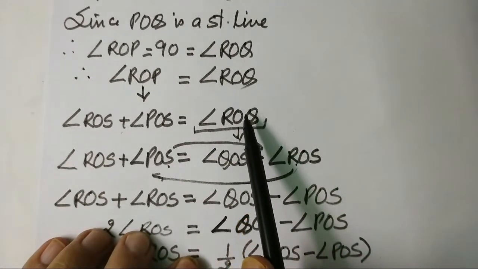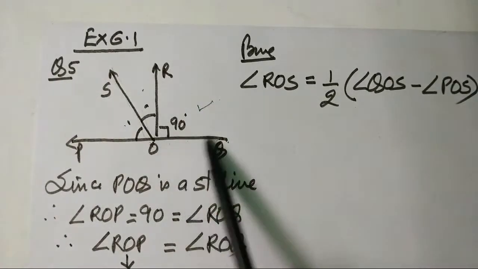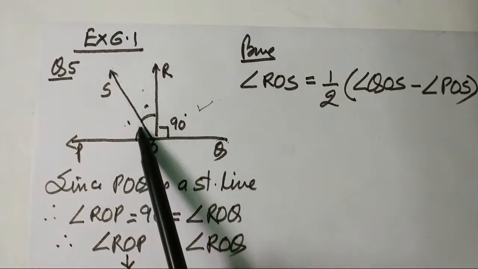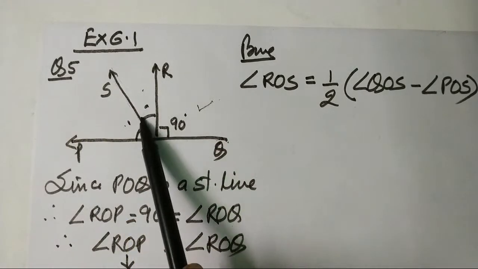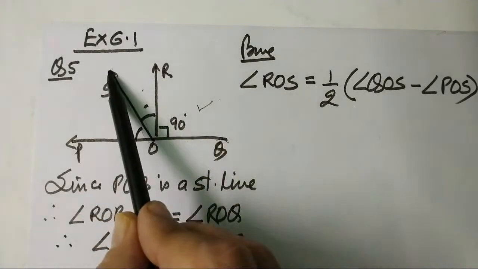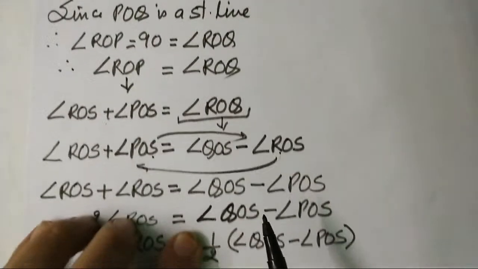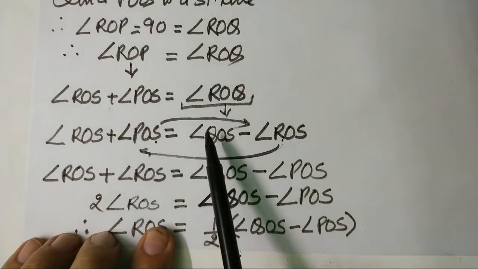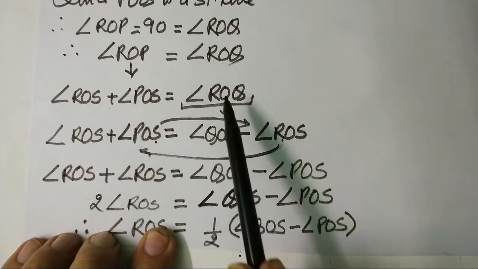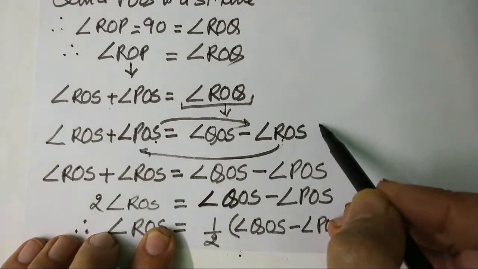Now ROQ, this 90 degree angle, you will get if you subtract from this full angle SOQ this small angle SOR. So QOS minus ROS will give me ROQ. So this is an important step.